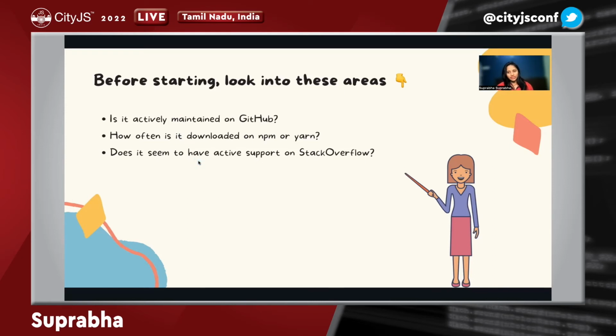Definitely, first we have to check the GitHub community, how supportable it is, how many issues are open, how frequently they communicate, and whether commits and pushes are frequent. Plus, how many stars there are, or how often it is downloaded on npm or Yarn.